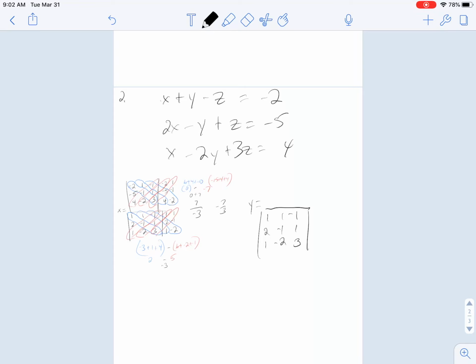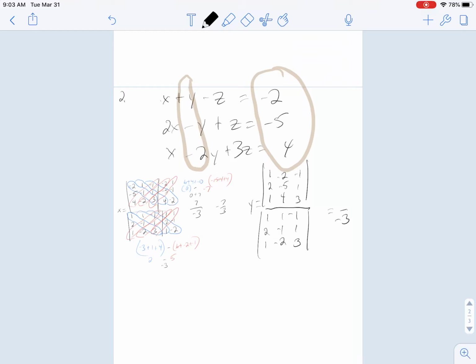You find the determinant of that, which we know should be -3. On top though, what's going to happen is these values, -2, -5, and 4, are going to replace the coefficients for the y. The x's stay the same, so the x's are the first column: 1, 2, and 1. But then the middle column, -2, -5, and 4, will replace the y coefficients. And then z: -1, 1, and 3.